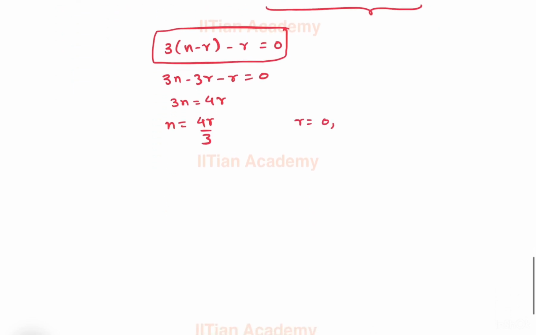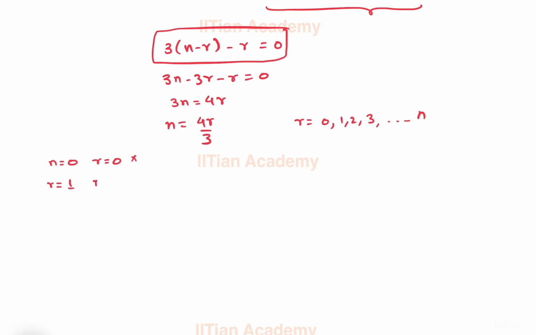Now we know r varies from 0, 1, 2, 3 up to n. So let us see what type of values we can get from here. If we put r equals 0, we get n equals 0, which is not an acceptable solution, because in that case the entire term will become a constant.